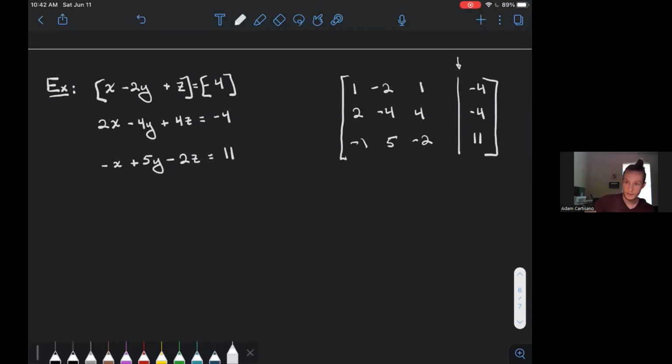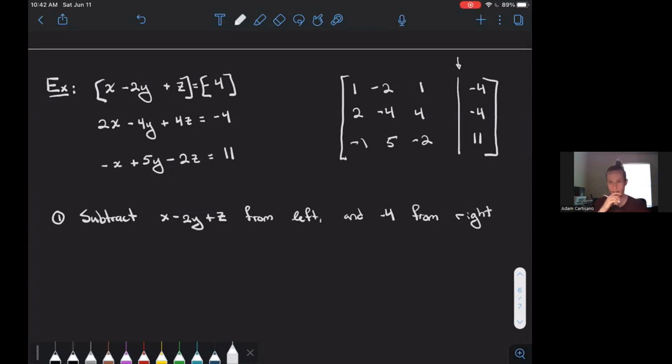I'm going to subtract x minus 2y plus z from the left and -4 from the right. When I do that, this is in the third equation.